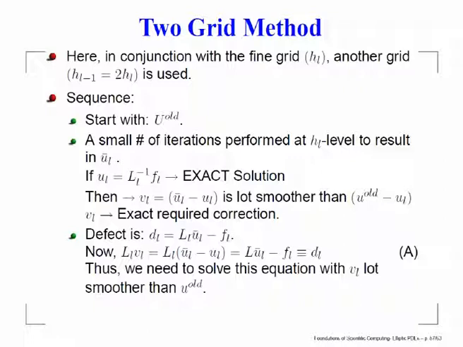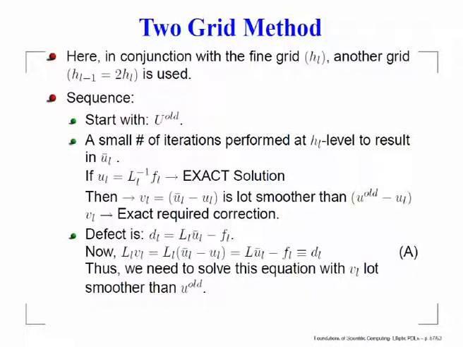The way that we would be working is, we start with some kind of an old guess that we are calling U of superscript old. Then we will do a small number of iterations in the finest grid itself, at HL level itself. What will happen? We have seen that if we do under relaxation, then we can remove those high wave number components.